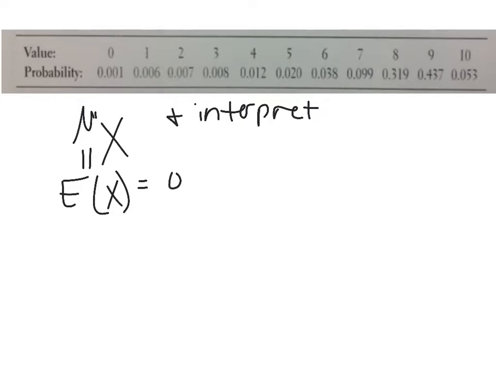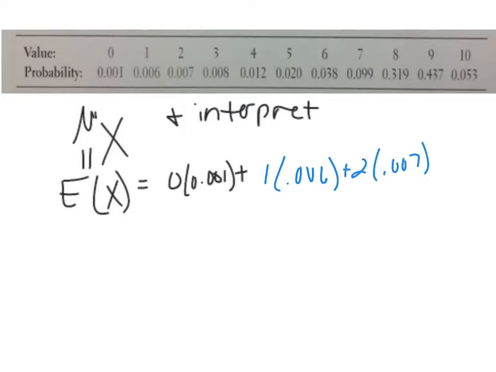Here's my x value, 0 times 0.01 plus 1 times 0.006 plus 2 times 0.007. Once you've written 3 of these values down, you can then do your dot dot dot plus your very last one, 10 times 0.053, and that counts as showing your work.